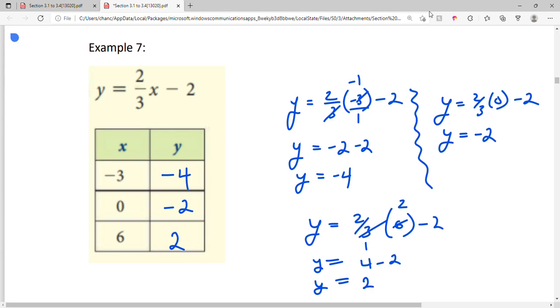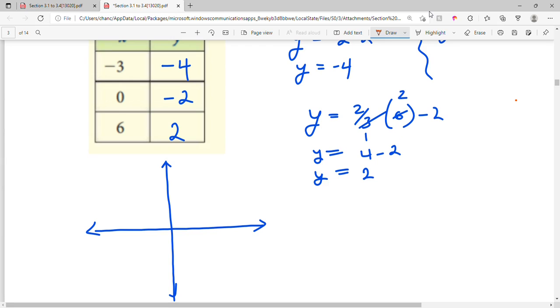Again, if you were to graph this, you'll realize they actually lie on the same line. So let me do that for you here. We'll start with negative 3 comma negative 4. 1, 2, 3, down 4: 1, 2, 3, 4. Then the point 0 comma negative 2, which is right here.